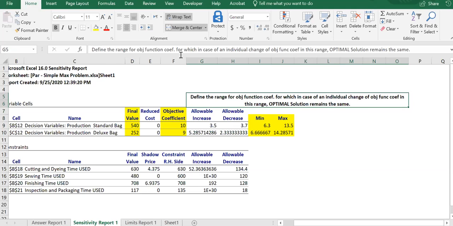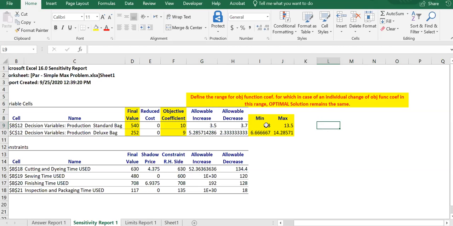How do we know that? How can we check that? And remember this, the actual min and max that I put here are not included. This is very important. So you can increase 10 up to 13.5, but not 13.5. If you increase 10 to 13.4, the optimal solution is not going to change.